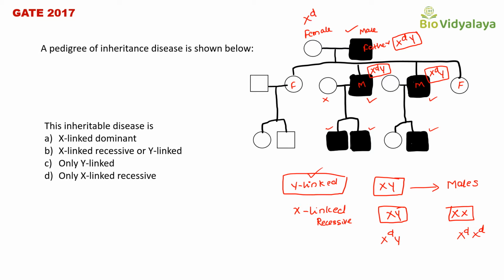So this mother is a heterozygous carrier mother, isn't it? Same here also. This mother is a heterozygous carrier and the father is affected. All his sons are also affected, isn't it?